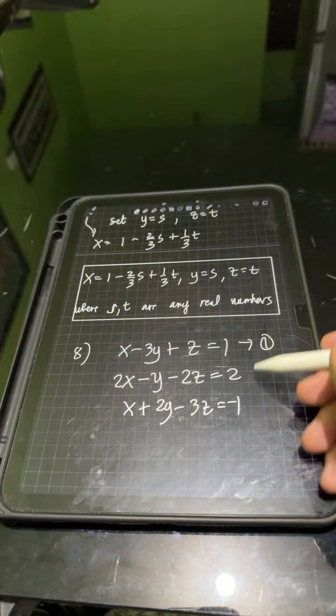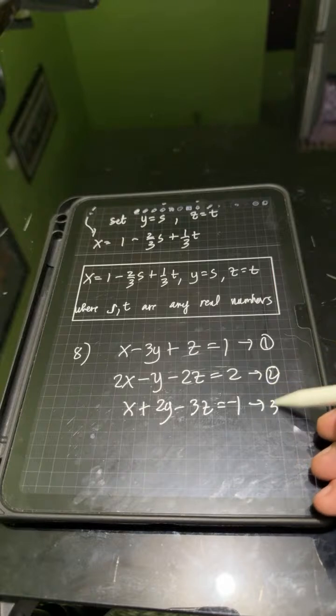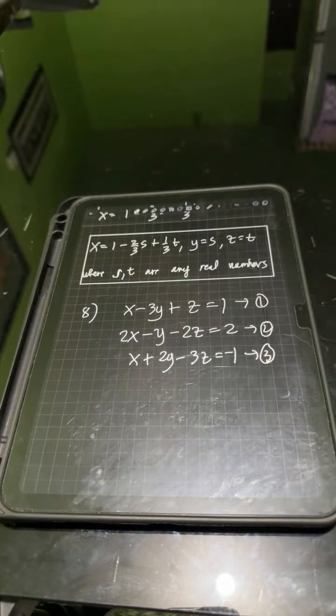So you have equation 1, equation 2, equation 3. So this time, we have a complete 3 linear equations and we also have 3 unknowns x, y, z. So let's do the usual method. Let's try to eliminate one variable at a time. What if this time, let's eliminate x first?